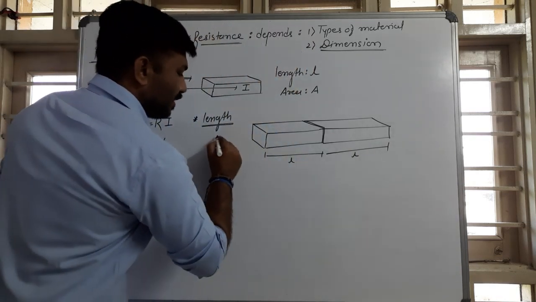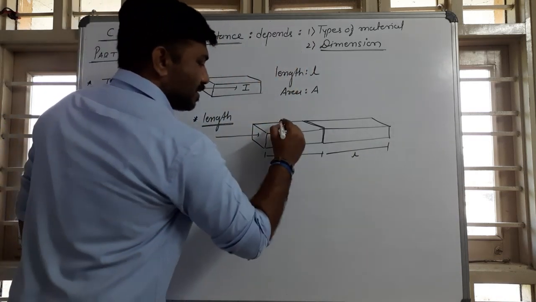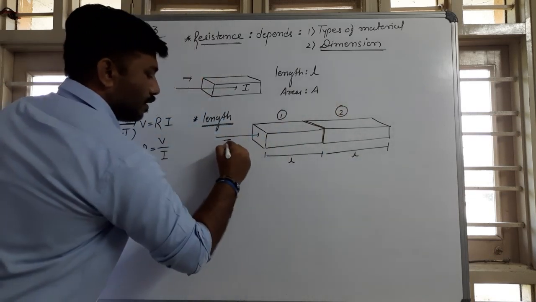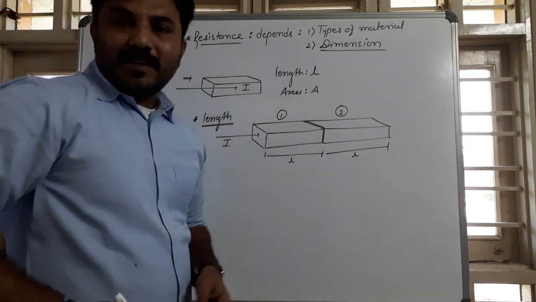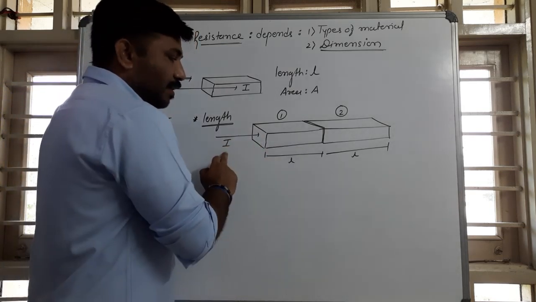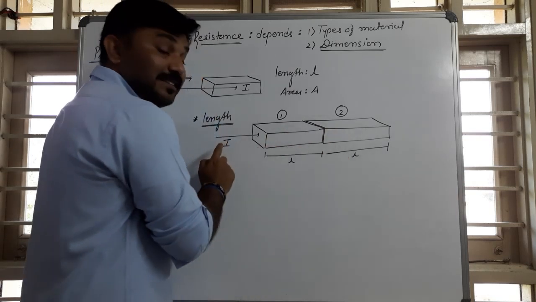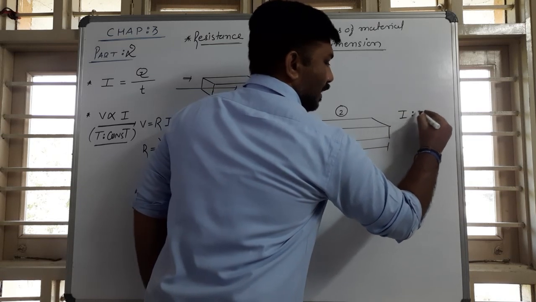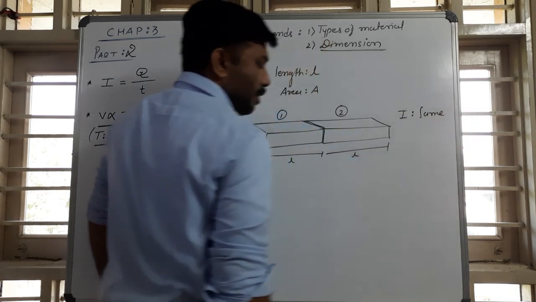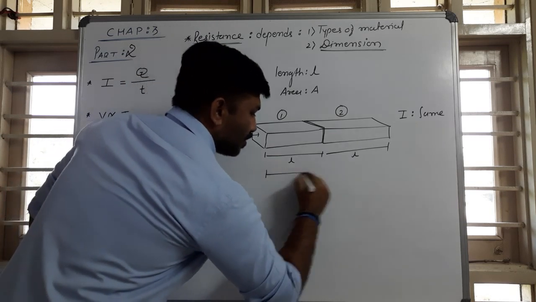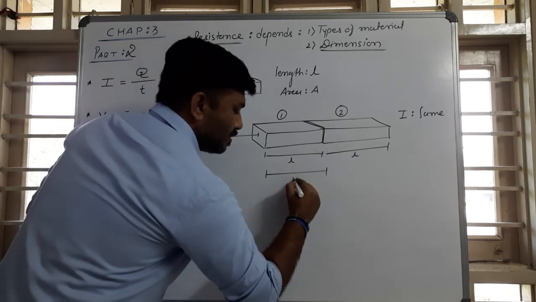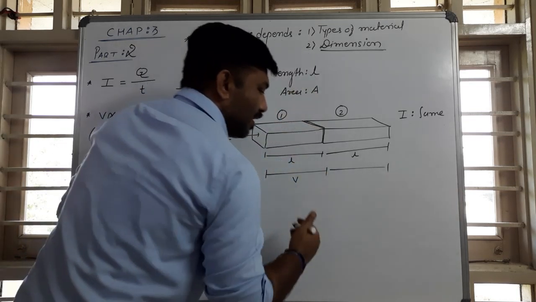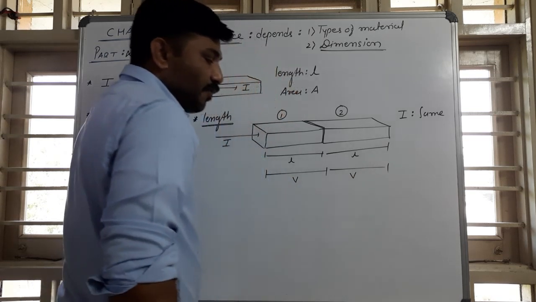Now the electric current passing through both conductors, conductor number 1 and conductor number 2, is I. So it is like a series connection. The electric current passing through both conductors is the same, but the electric potential across conductor 1 is V, and for the second conductor the electric potential is again V.